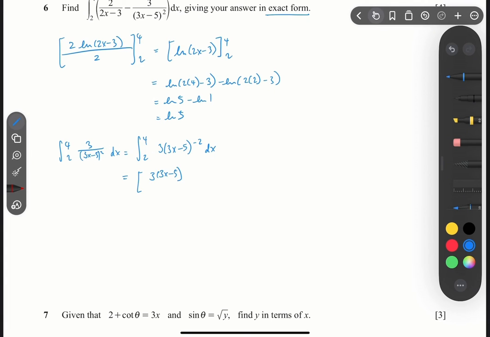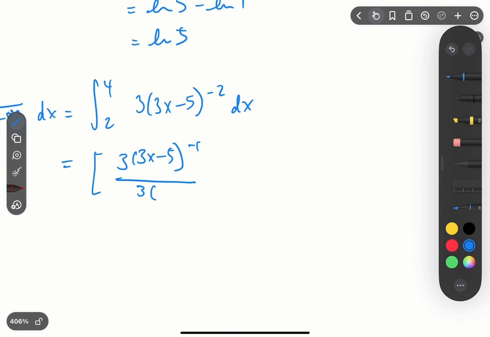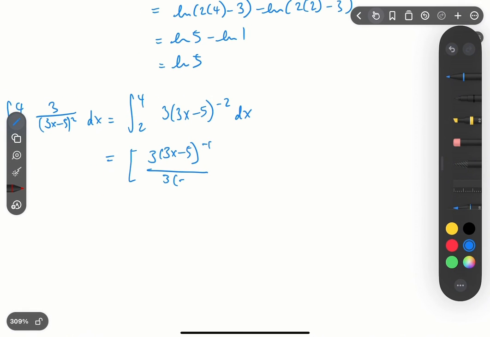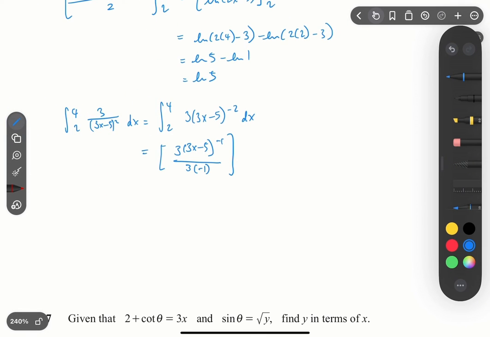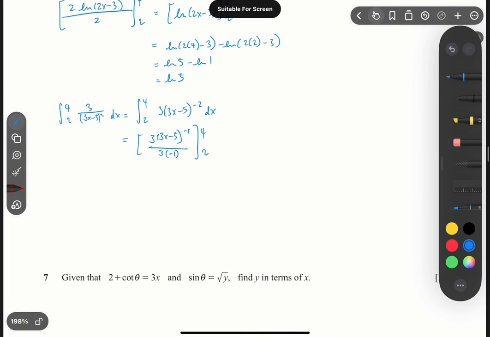And when you integrate, you add to the power, which is the opposite of differentiating. And always remember to divide by the differentiation of the term inside and then the power. And then you can simplify this.